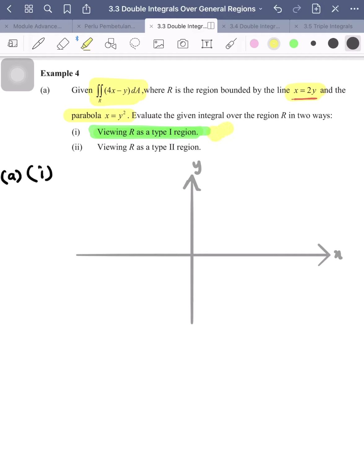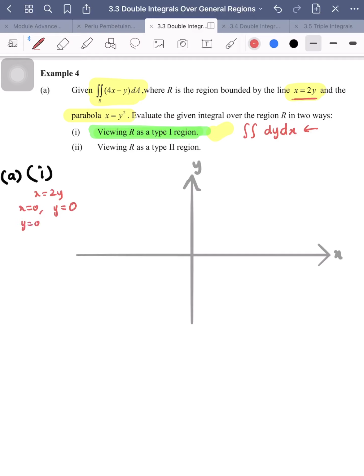Type 1 region means double integral dy dx. Before we proceed with the solution, first you need to sketch the line x equal to 2y. When x equal to 0, y is also 0.